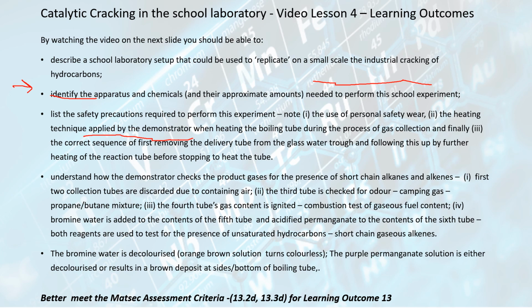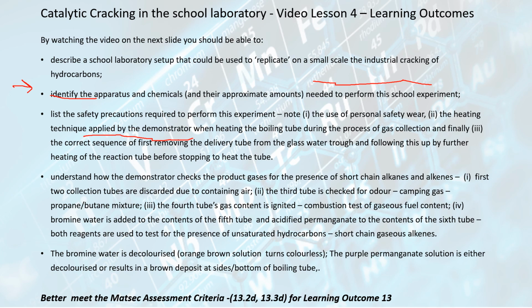Now, the fourth test tube, which would also contain this gaseous vapor that would result from the cracking of the paraffin oil, is checked to be a gaseous vapor by ignition.